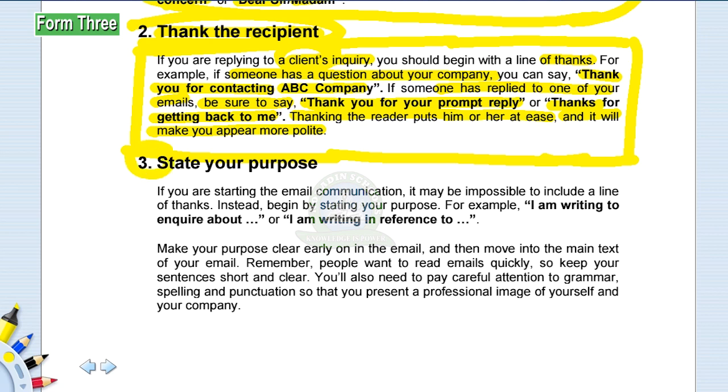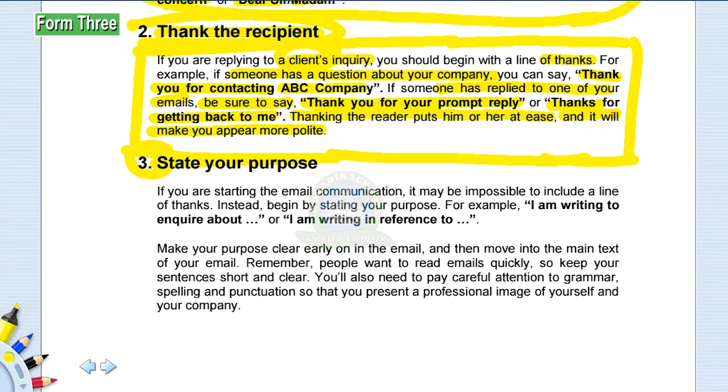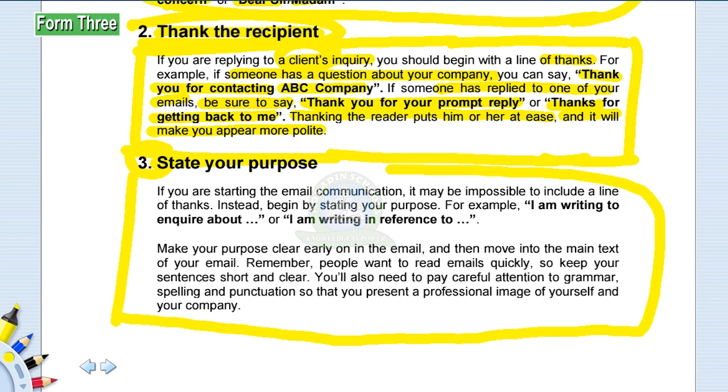State your purpose. When you are writing a professional email, state your purpose. Let's read this part to state our purpose. If you are starting the email communication, it might be impossible to include a line of thanks.